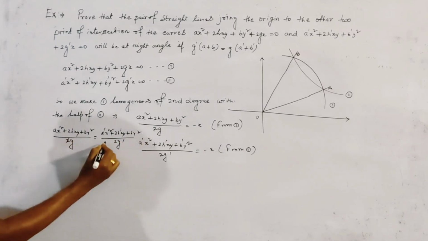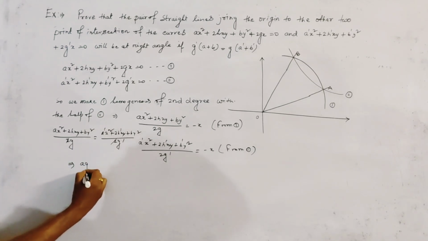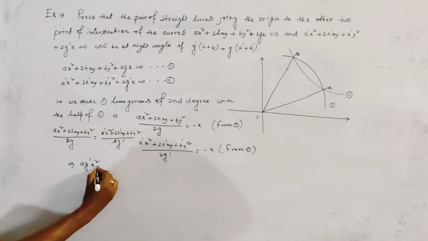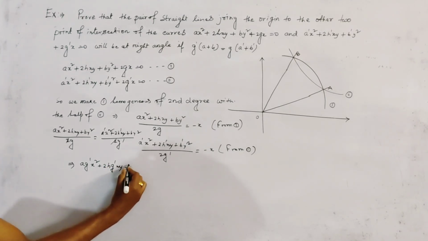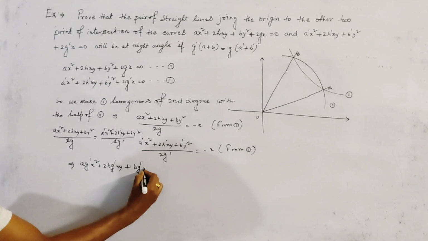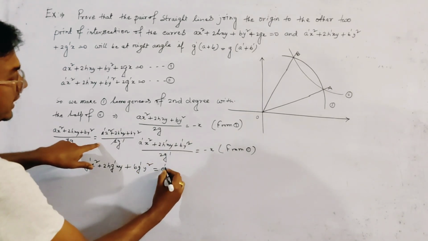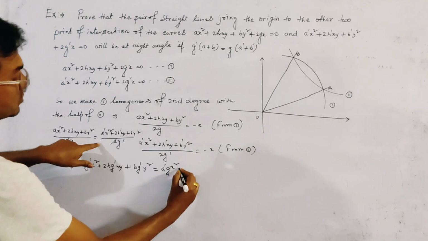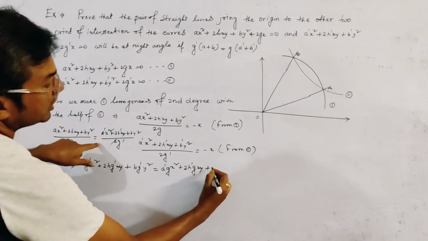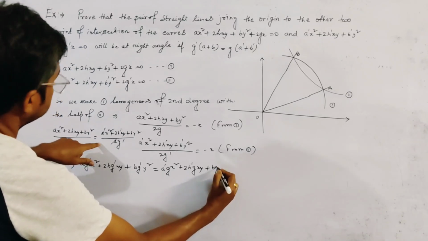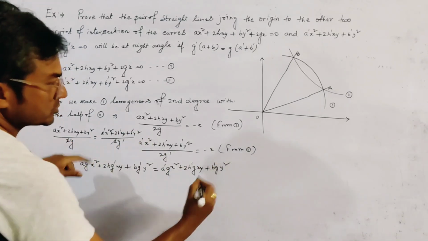The 2 cancels out, and we get the equation a g dash x square plus 2h g dash xy plus b g dash y square, and on the right side we get a dash g x square plus 2h dash g xy plus b dash g y square.